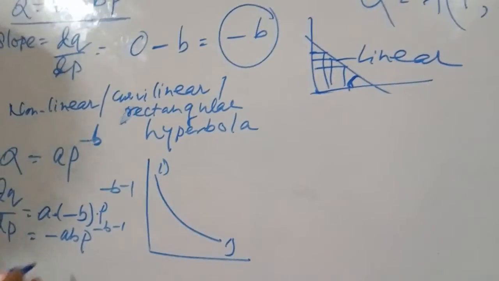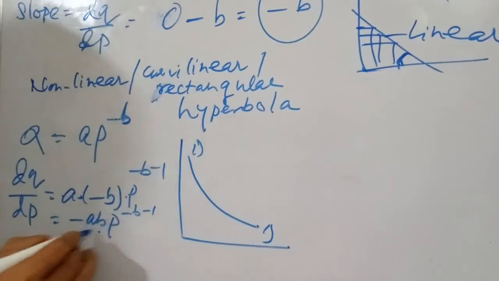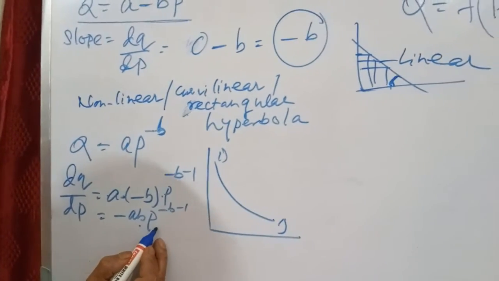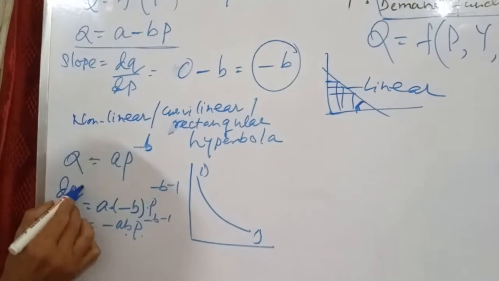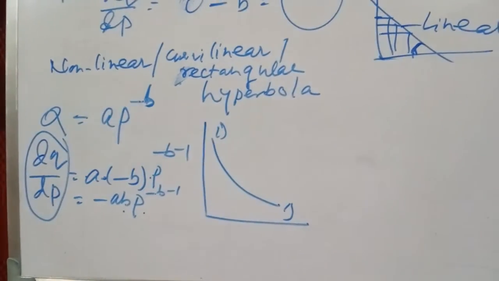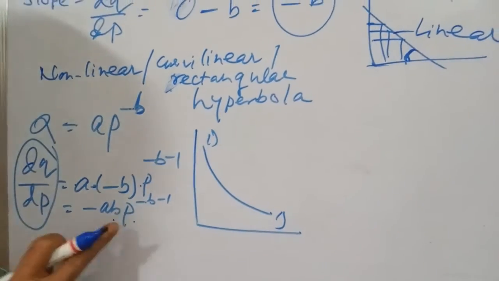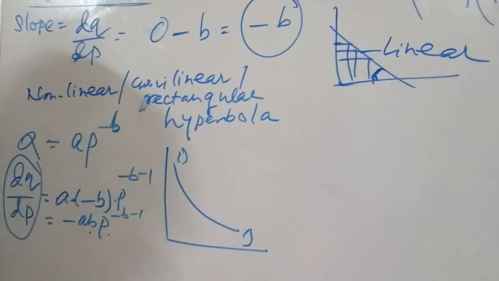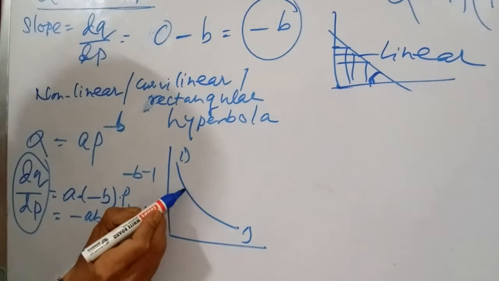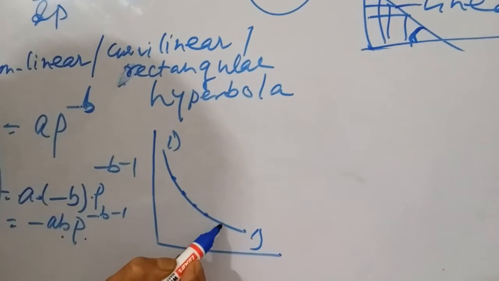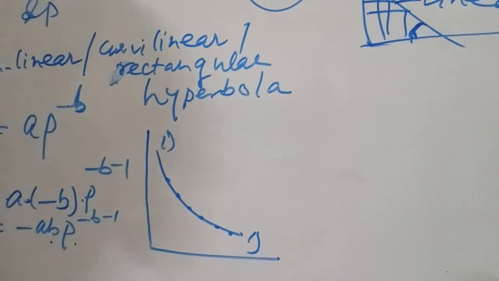Now you see, the slope is not independent of P like here. As P changes, the value of this also changes, even if B is constant. If price changes, then the whole thing changes. That means the slope changes. That is what is happening, because at every point we find different slopes.